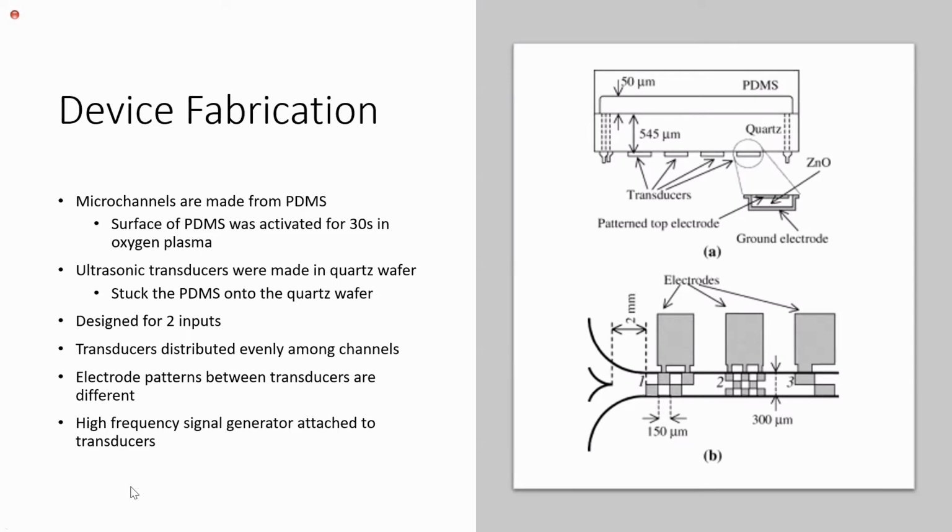This PDMS was activated for 30 seconds in oxygen plasma, and the ultrasound transducers are under these quartz wafers. The reason the PDMS was activated for 30 seconds under the oxygen plasma is that it allows for better adhering between the PDMS and the quartz wafer. Once the 30 seconds was done, the PDMS microchannel is stuck on top of the quartz.